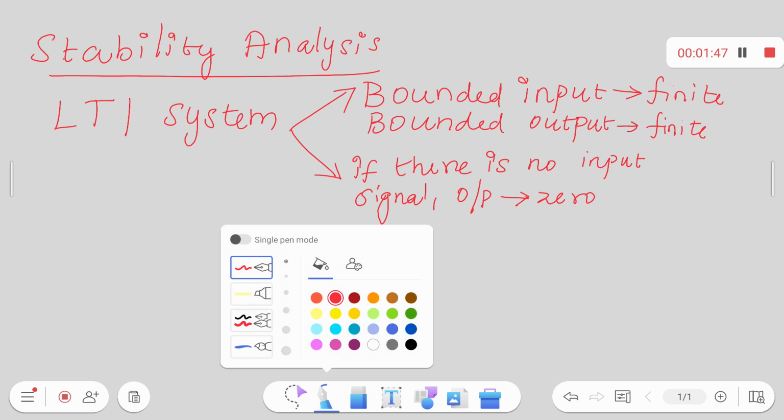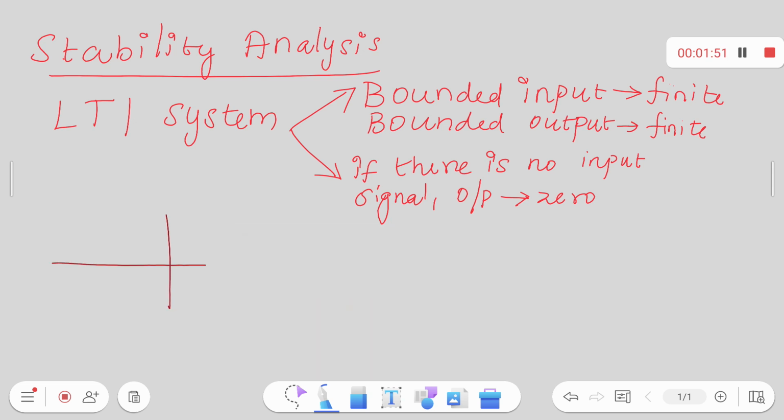Now, we will take the S-plane, with real axis and imaginary axis.